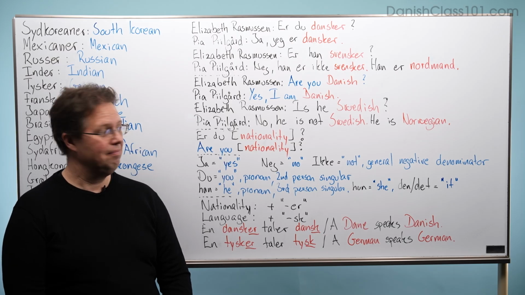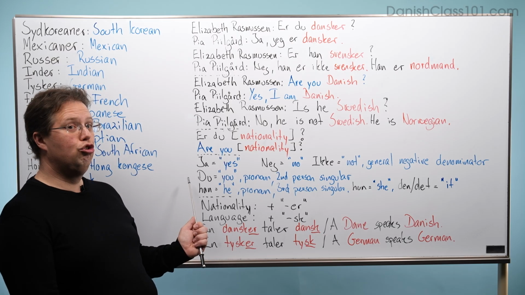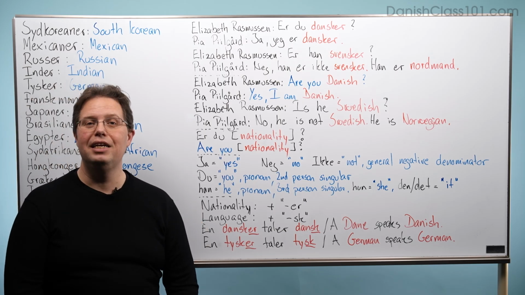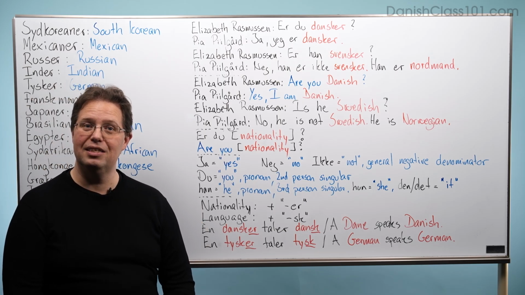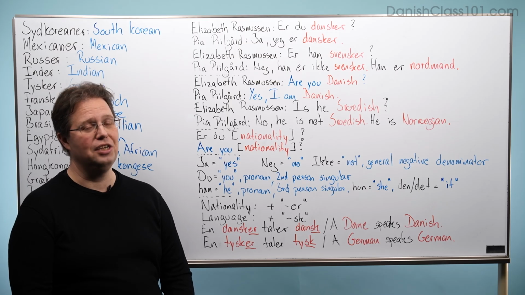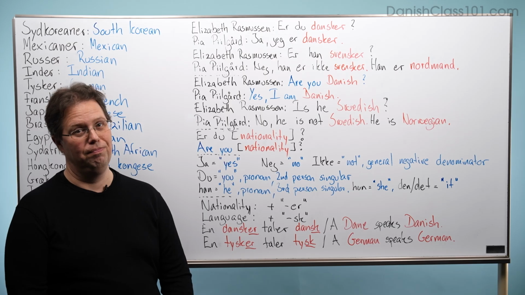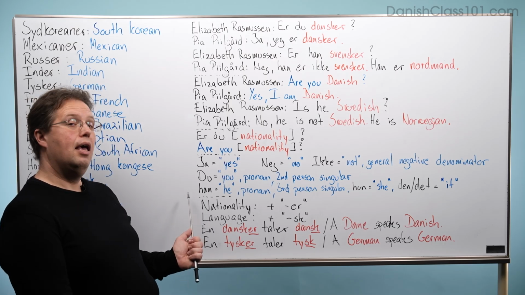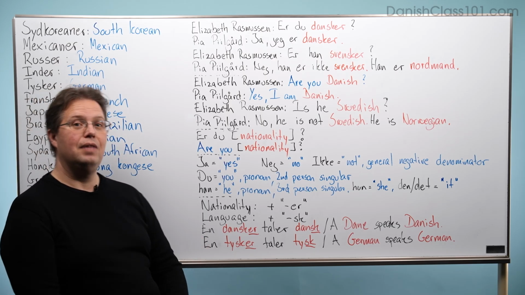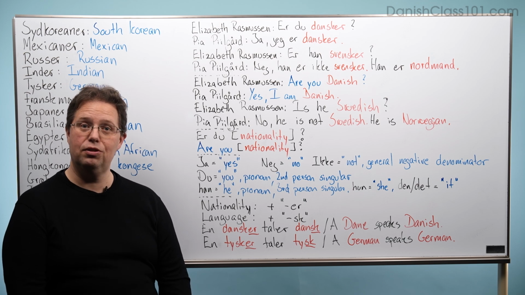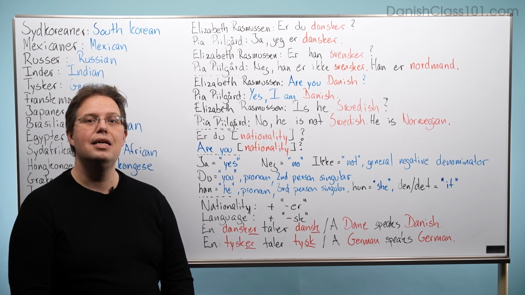Ikke. And then we have du, meaning you. That's the second person singular pronoun in Danish. Du. And then han, that means he in Danish. Third person singular pronoun.